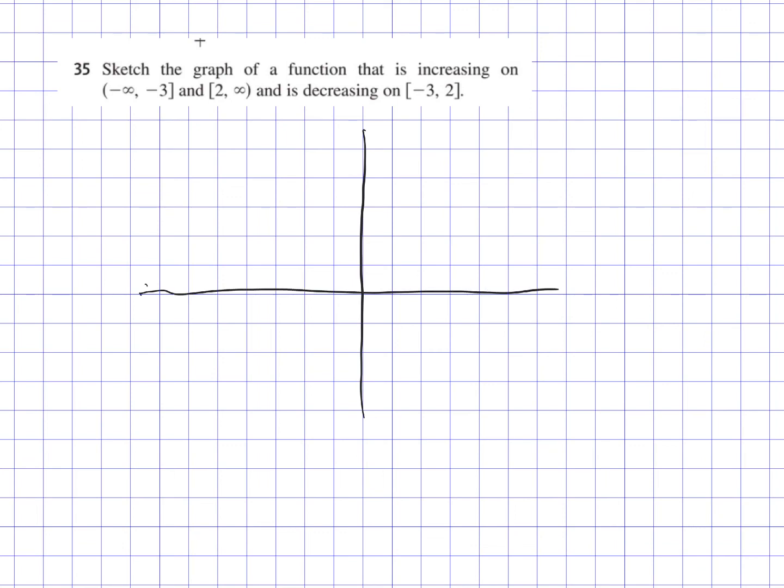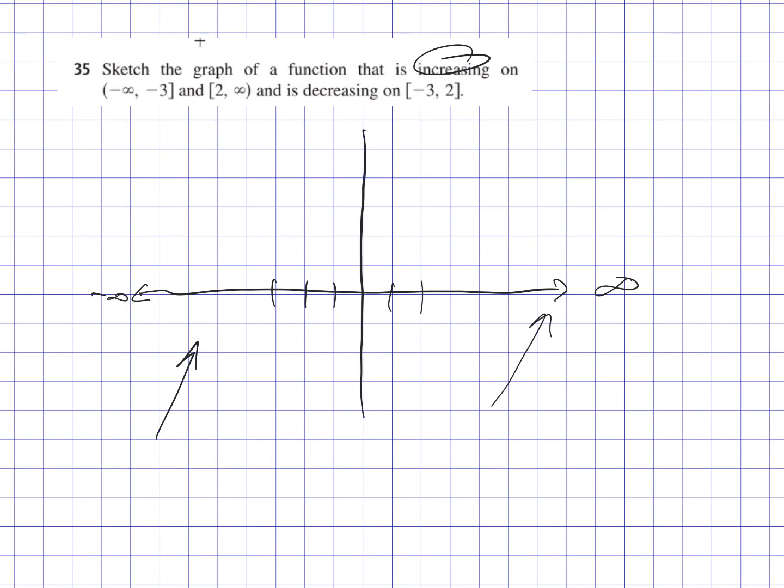So from -infinity, which is way over here, to -3, we are increasing. And it's also increasing from 2 to +infinity.